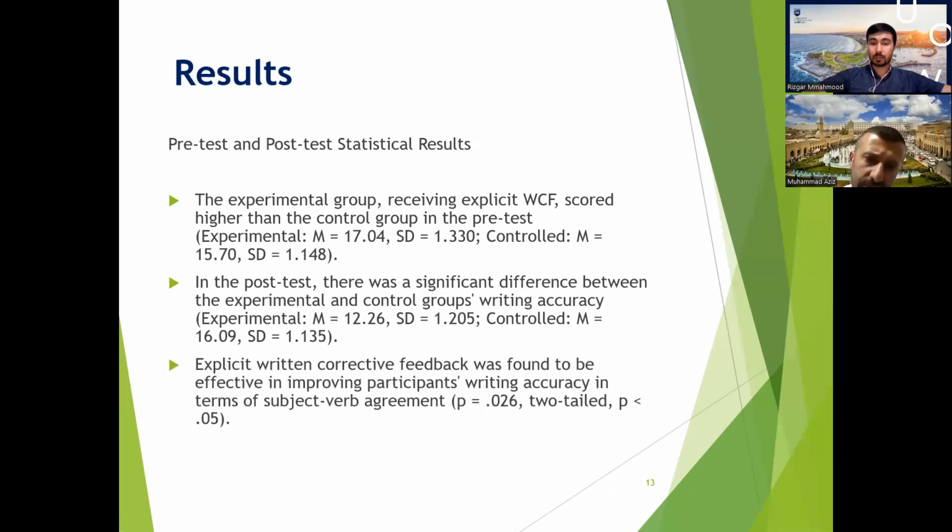We found that corrective feedback was effective in improving participants' writing accuracy in terms of subject-verb agreement. And the statistical result shows that the p-value is 0.26, which is less than 0.5, and the difference is significant.